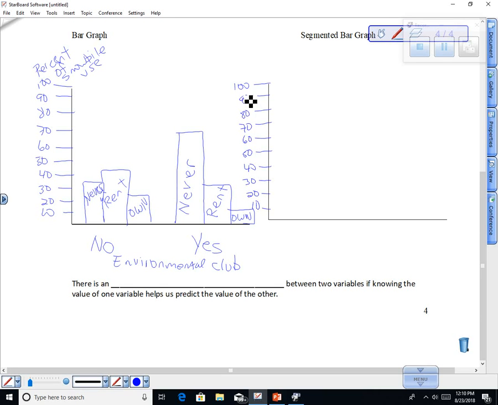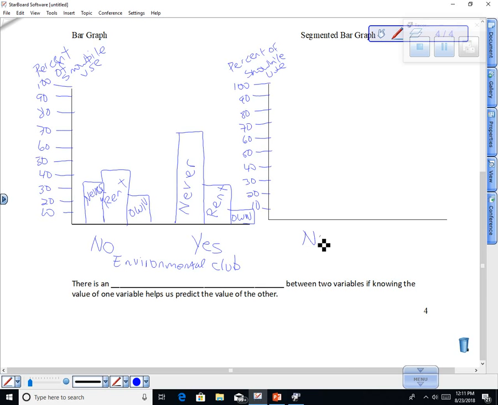And same thing, percent. And then on this, we're going to make the scale the same way.